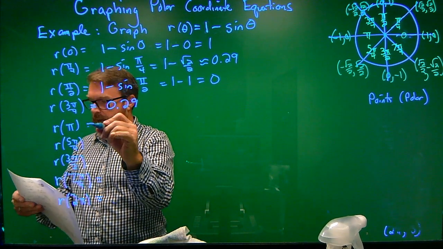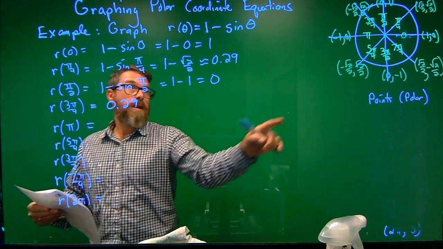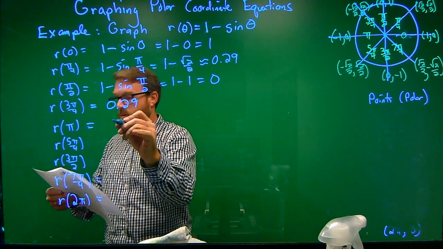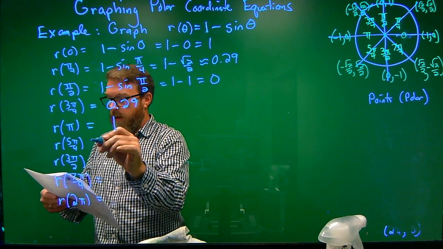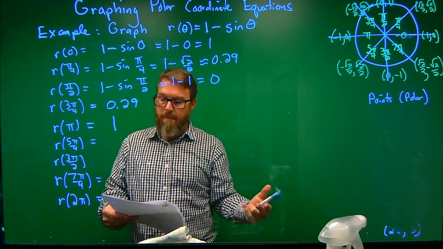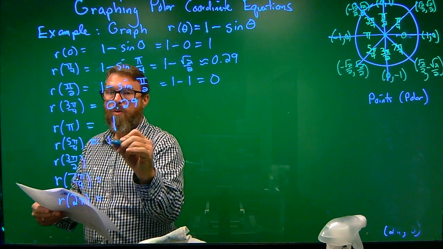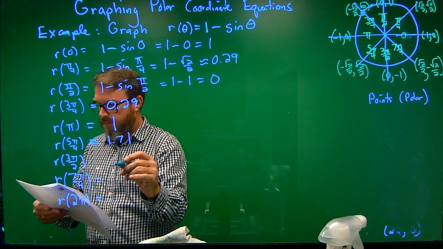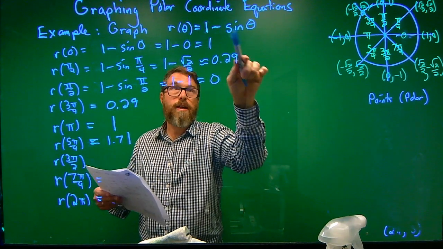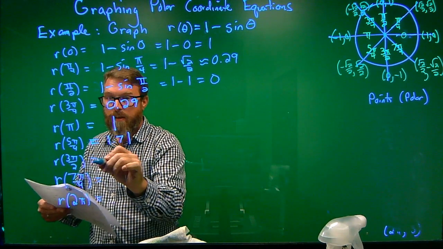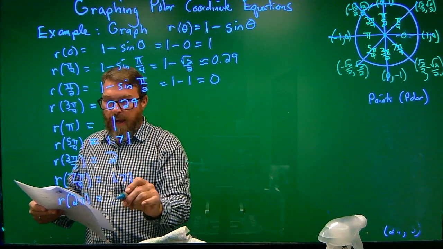At pi, this is going to be 1 minus what the sine of pi is, 0, so 1 minus 0 is going to be 1. At 5 pi over 4, this is going to be 1 minus a minus root 2 over 2, so this is going to give us about 1.71. 3 pi over 2, which is going to be -1, so 1 minus a -1 is going to be 2. And then 1.71, and then back to 1.